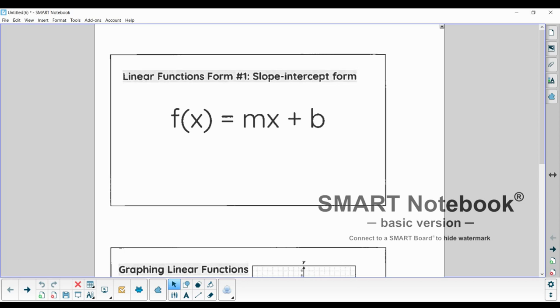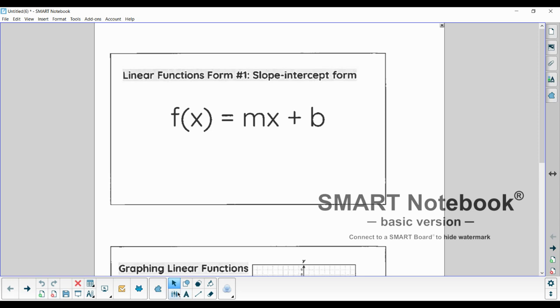Okay, so let's go over slope-intercept form. Just a reminder, the m in slope-intercept stands for two different things, really. In general, it's the parameter rate of change.